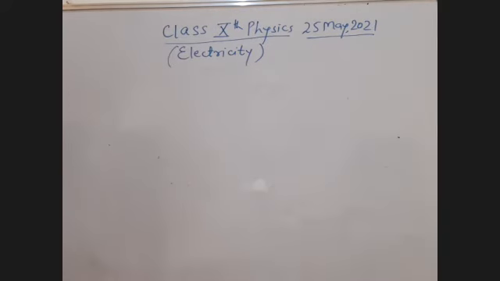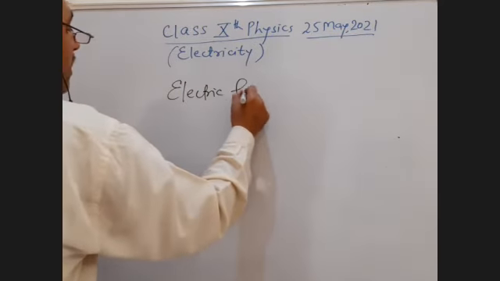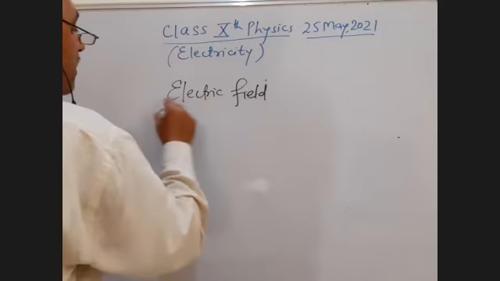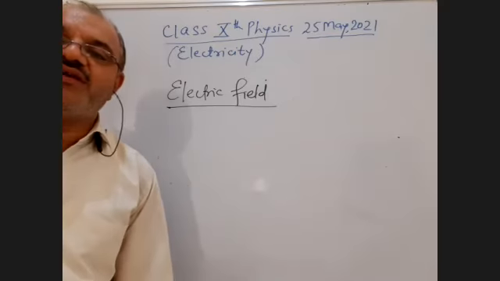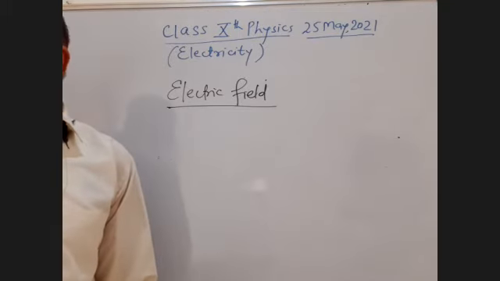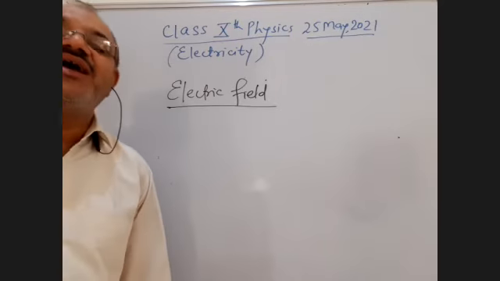Yes, students, the next term is electrostatic potential. Before that, I should discuss electric potential. I'll let you know a very, very important term, electric field. It is the space or region around a charged body within which its influence can be experienced.